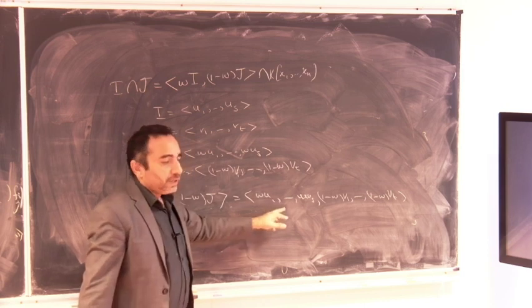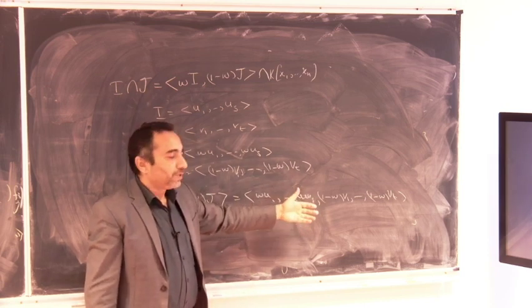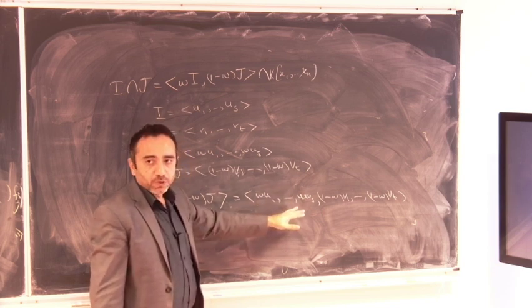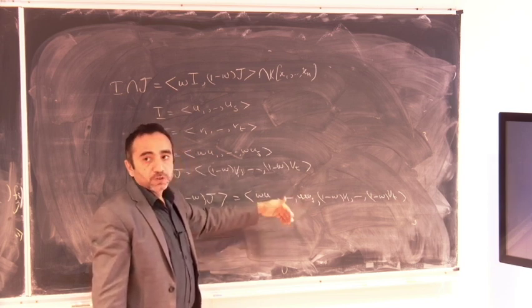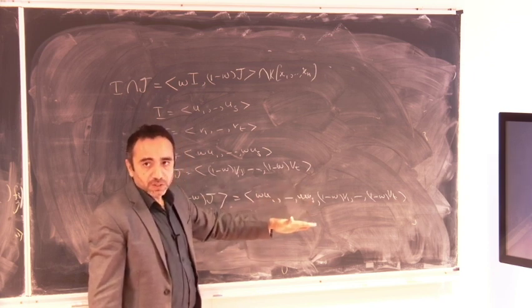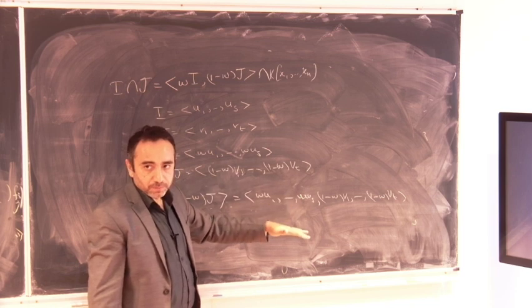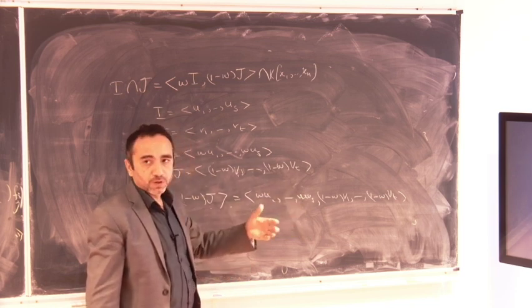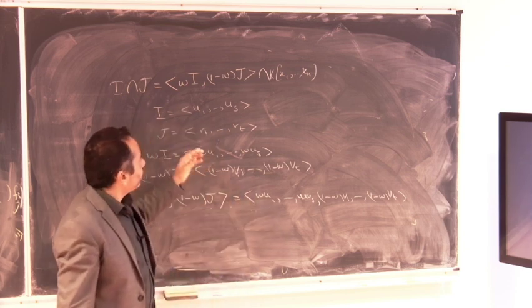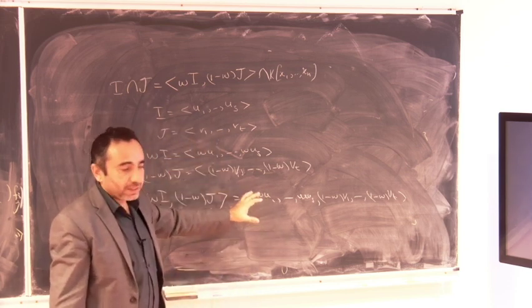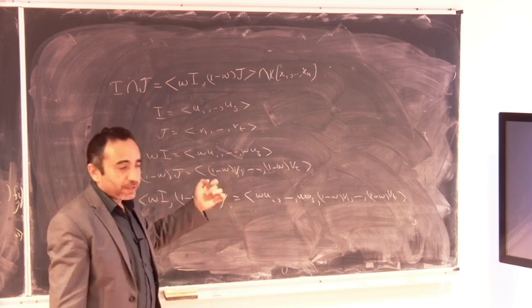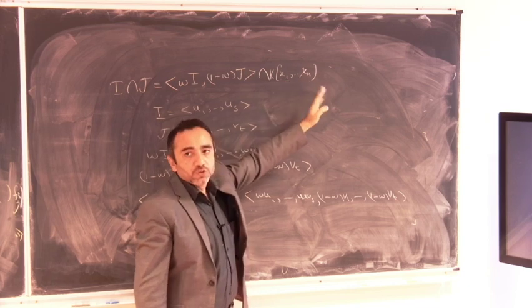Here the ui's and vi's are actually polynomials. These are not monomials, these are polynomials, and we can compute this ideal, and then we need to compute its Gröbner basis by taking w larger than the x variables. Once we get that Gröbner basis using some software, we need to take its intersection with x1 up to xn using our previous result.